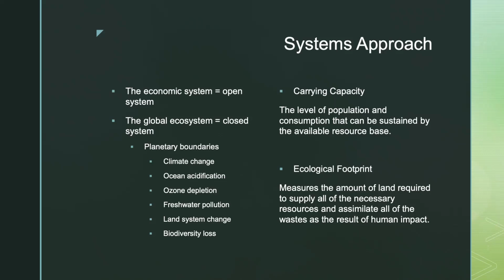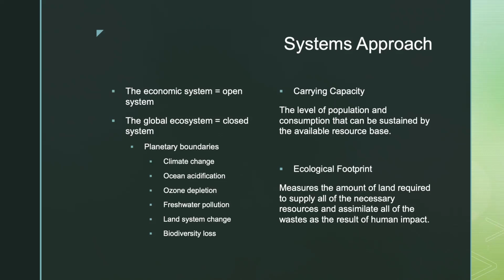This means that there is a carrying capacity to the earth and the level of population and consumption that it can sustain with the resources that we have available. Sometimes, in order to communicate this to the general public, you may have seen the concept of an ecological footprint.